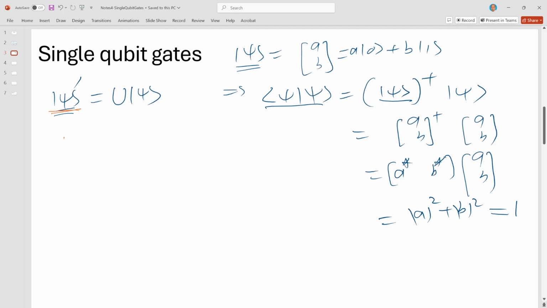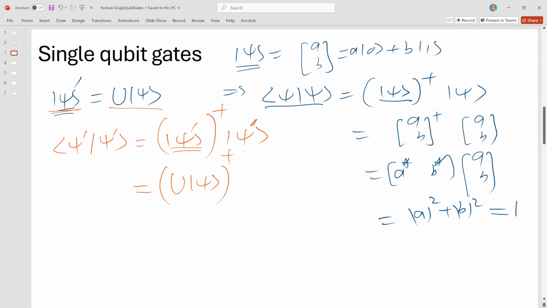So to find its norm, I will have to find the inner product of psi prime with itself, which means that I have to multiply psi prime's dagger with psi prime. Since psi prime is given by U psi, its dagger is psi dagger U dagger, and then this psi prime is again U psi.